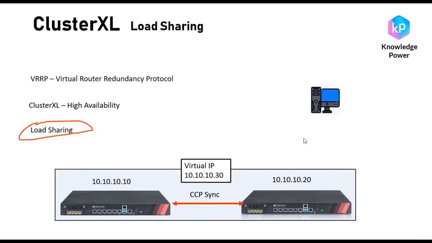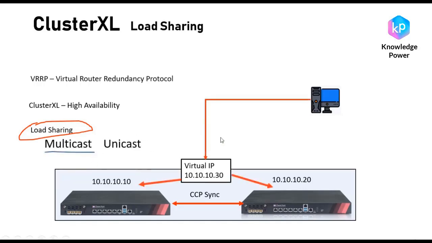So as I mentioned before, load sharing has two modes. The first one is called multicast, and the second one is called unicast. There's a difference between them, and first we're going to discuss how multicast works. So we have a virtual IP that is being associated with all cluster members. Whenever a virtual IP receives a packet, it sends out the same packet to both devices.